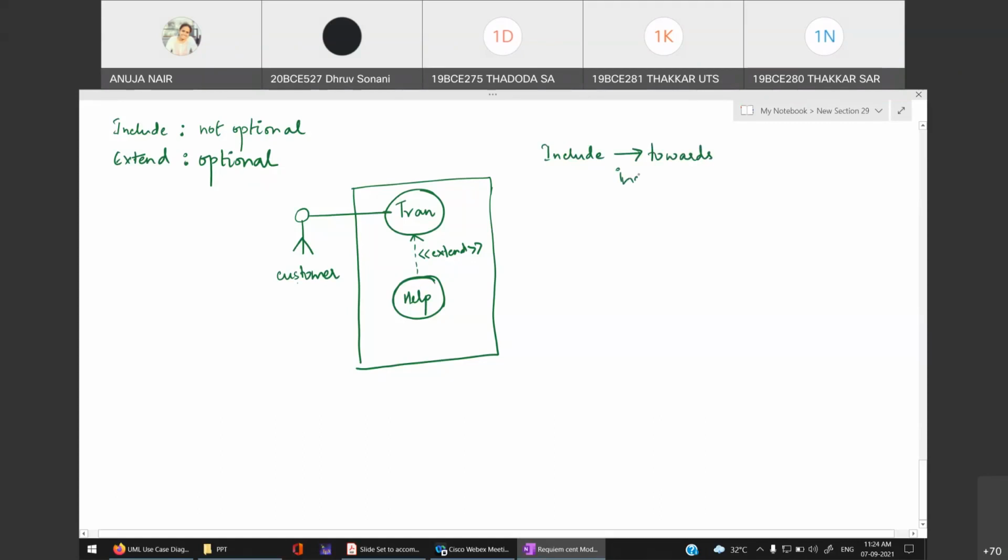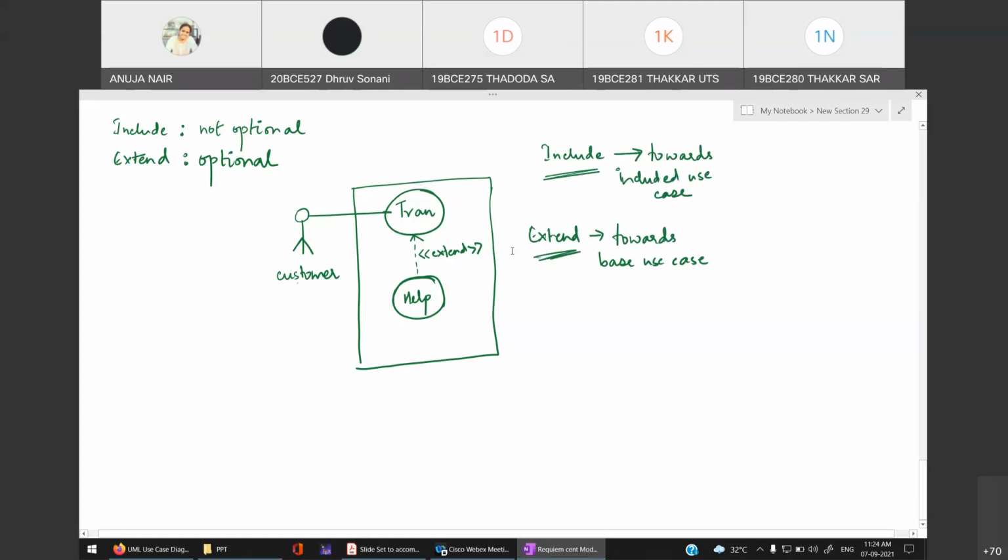Towards the included use case, right? Not towards the base use case. And when you are writing an extends relationship, your arrow is towards the base use case. So please remember that, because this confusion is always there.